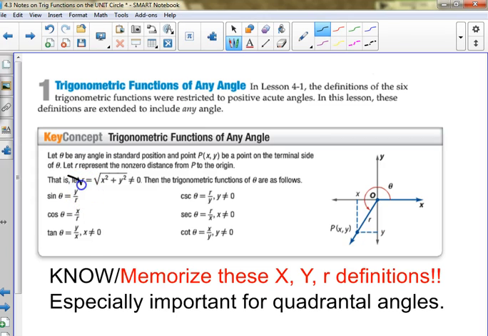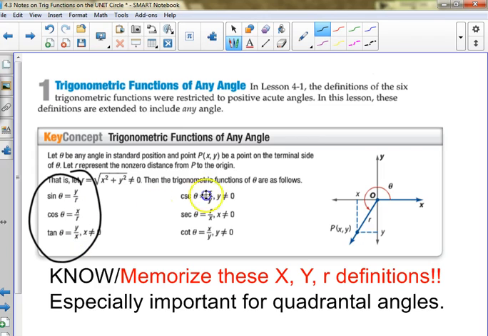How many of you have these memorized? Okay, the sine is y, the cosine is x, and those are both over the radius because the radius is the hypotenuse, yes? Okay, and tangent is y over x.